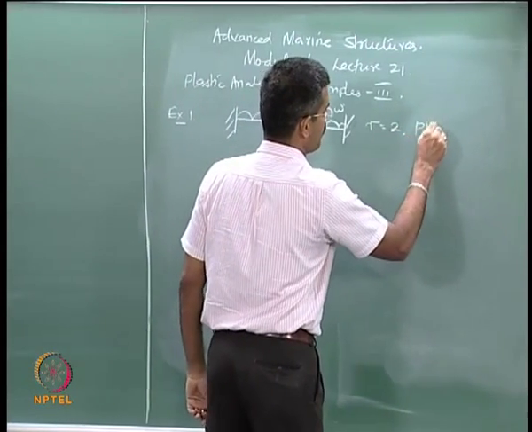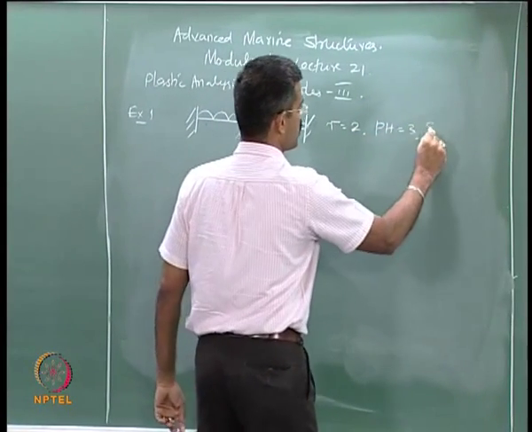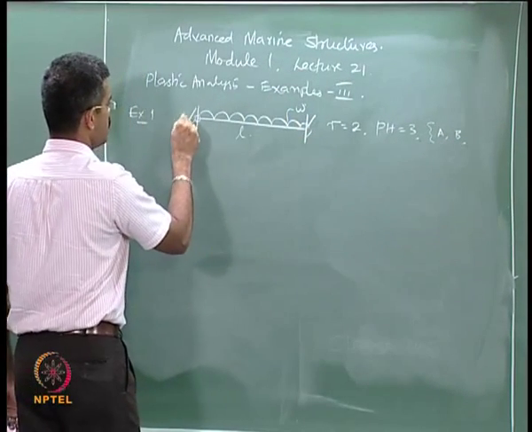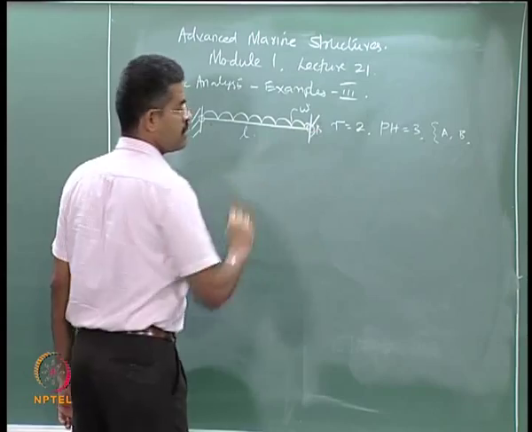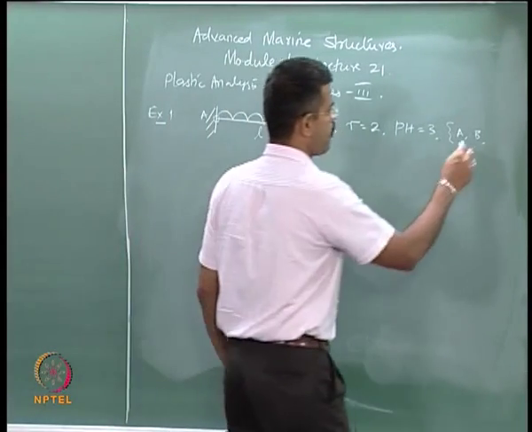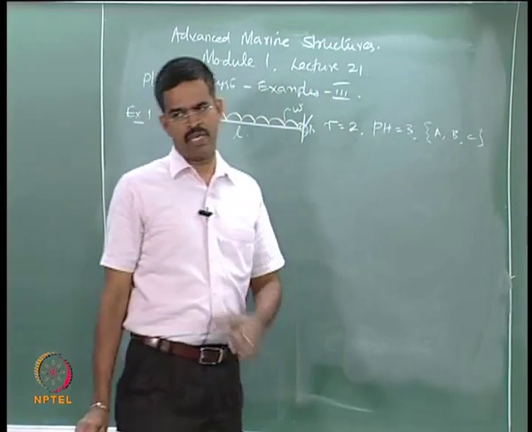So, you need the number of plastic hinges as 3. Possible locations are A and B, and somewhere in the beam AB, which will obviously be the point C where the bending moment will be maximum.